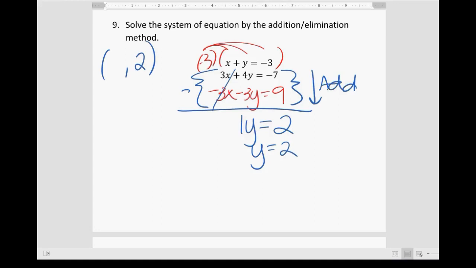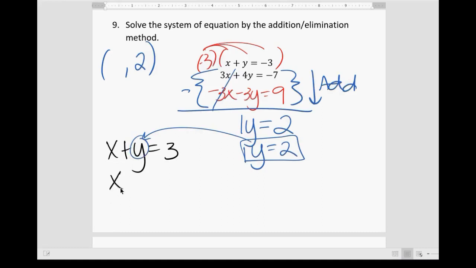But I have to get the x coordinate of my solution. The way that you do that is you take one of your original equations. I'm going to take the first one because it's a little simpler: x plus y equals 3. And we're going to plug in y equals 2 into that equation. So x plus 2 equals 3.